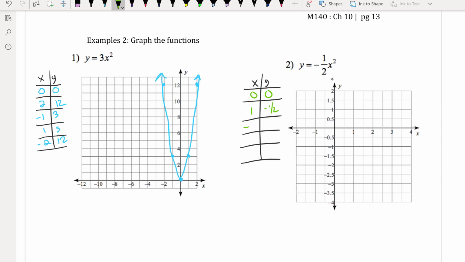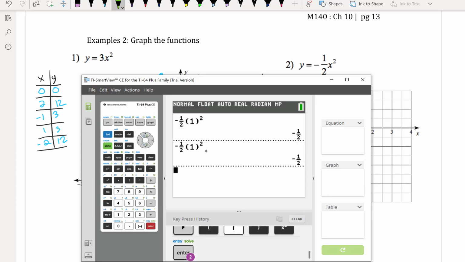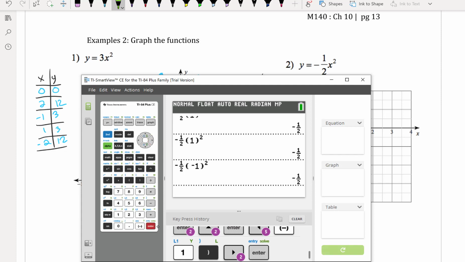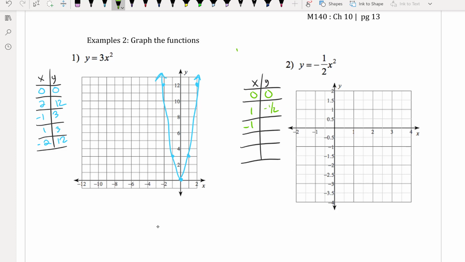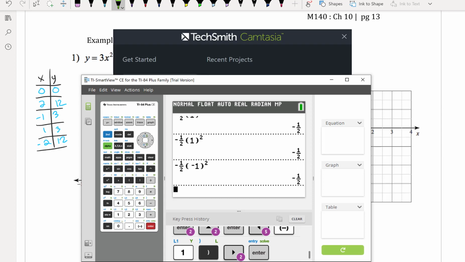So how about what happens when I plug in a negative 1? I'm going to use this exact same equation, except now I'm going to plug in a negative 1, and that's squared. So when I press enter, I get a negative 1 half as well. All right, so let's see what happens when we plug in 2 and negative 2.